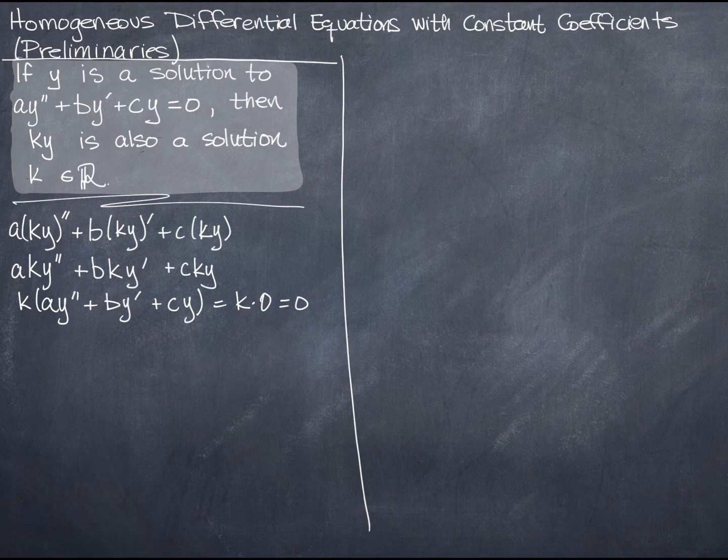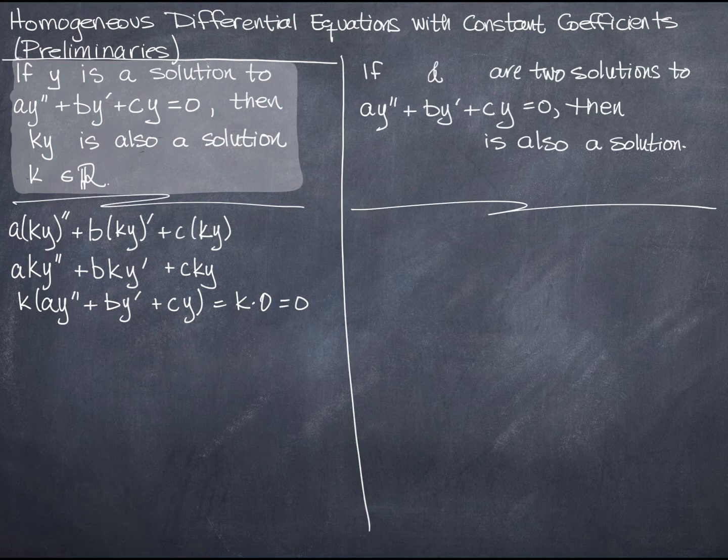The other one is that if y1 and y2 are two different solutions to the same kind of differential equation, then the sum of those two solutions is also a solution. And we're going to do the same thing here.